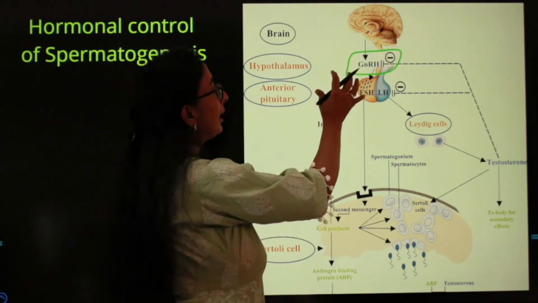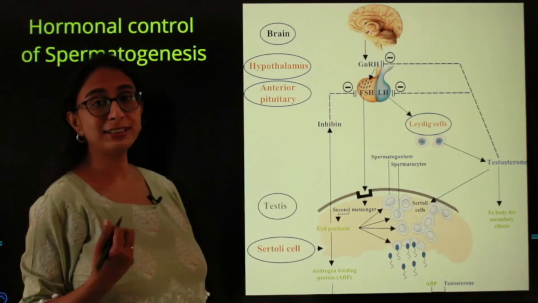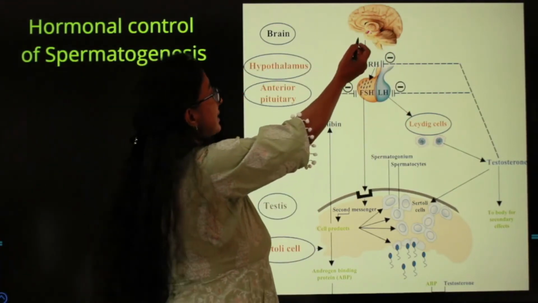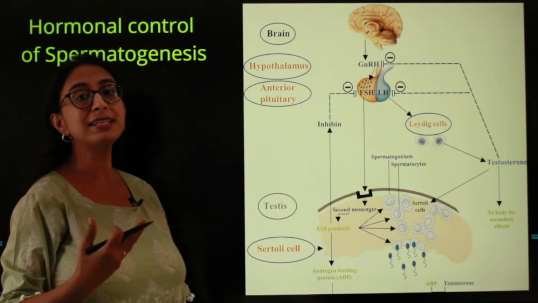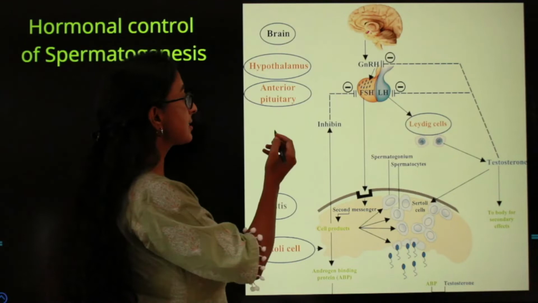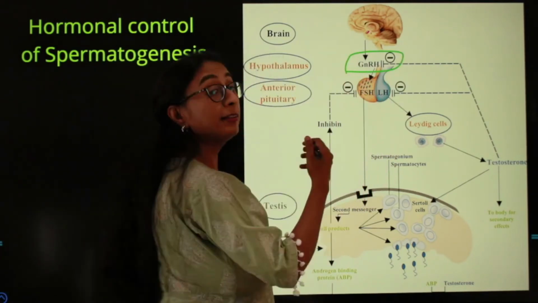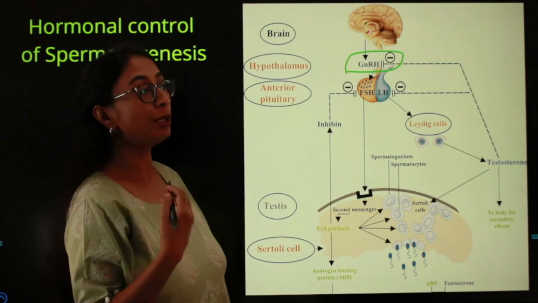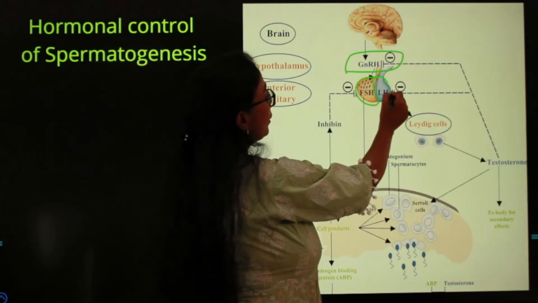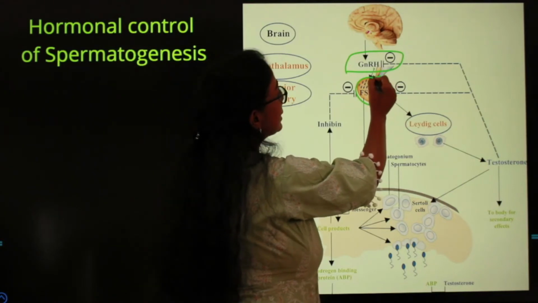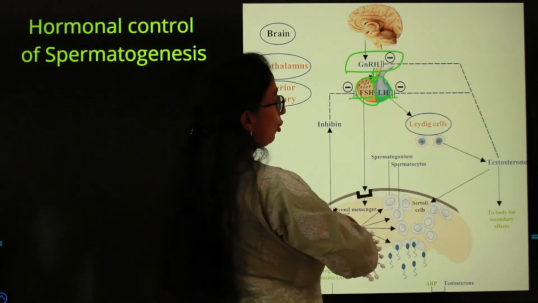Here you need to know that it is the increase in the gonadotropin releasing hormone, which is synthesized by the hypothalamus of the brain during puberty, that begins the process of spermatogenesis. The gonadotropin releasing hormone acts on the anterior lobe of the pituitary gland, which stimulates the synthesis of the follicle stimulating hormone and the luteinizing hormone.